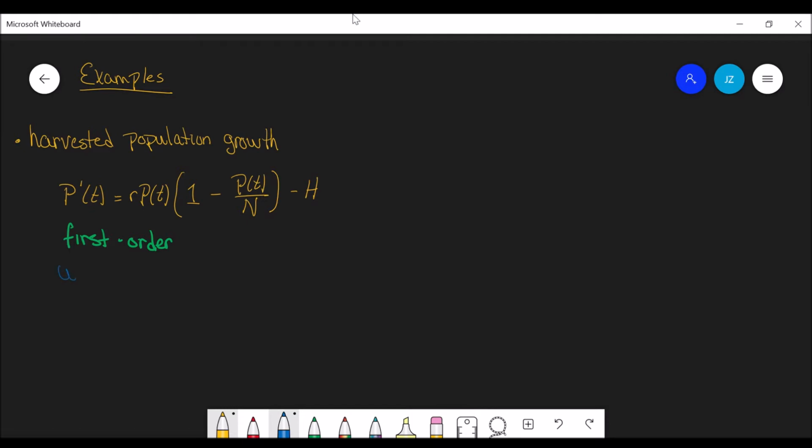The unknown function is P of t, and the independent variable is t. This leaves our parameters, which are r, N, and h.